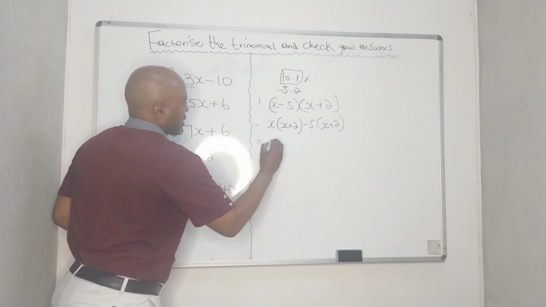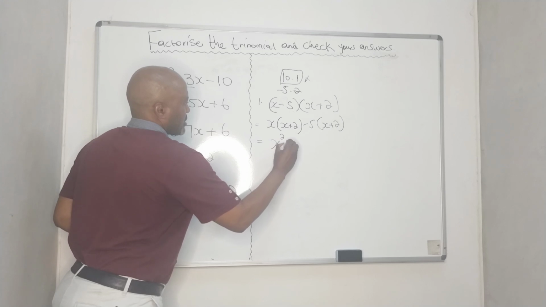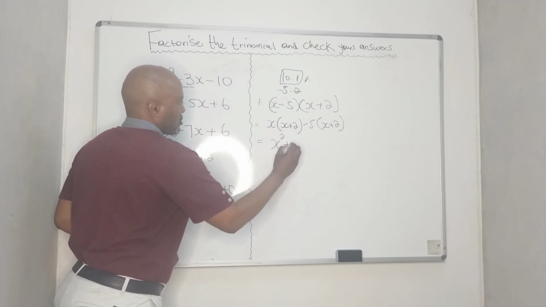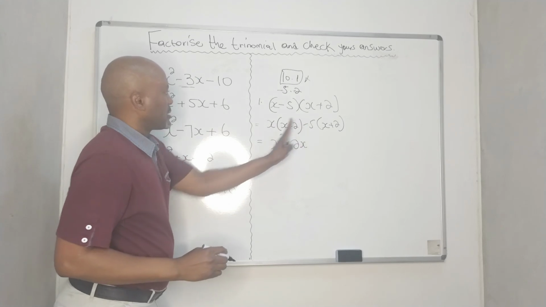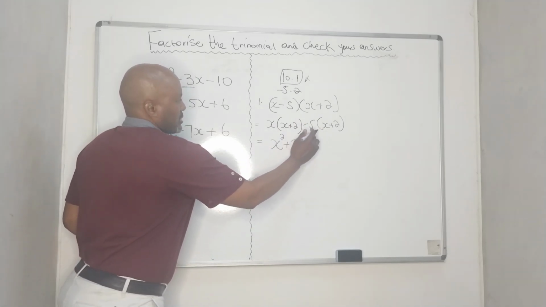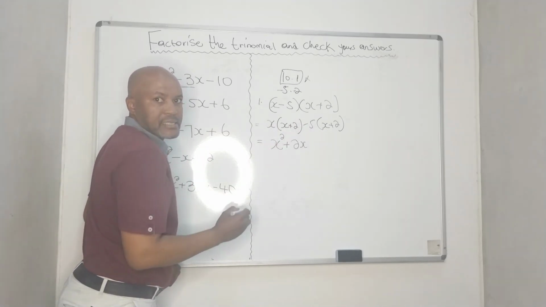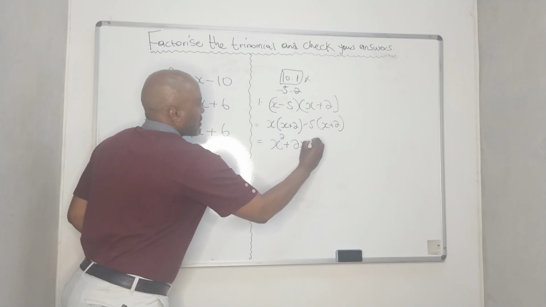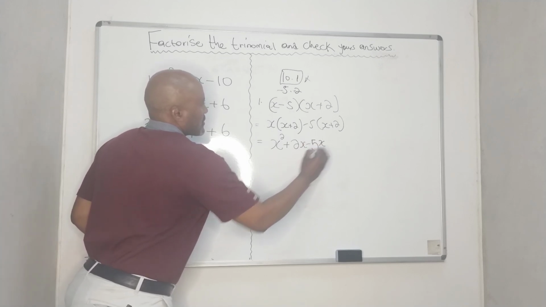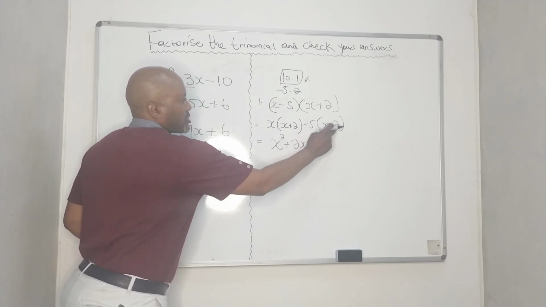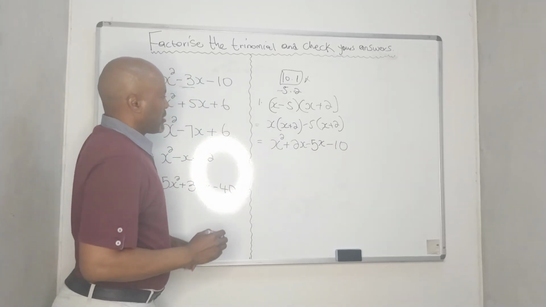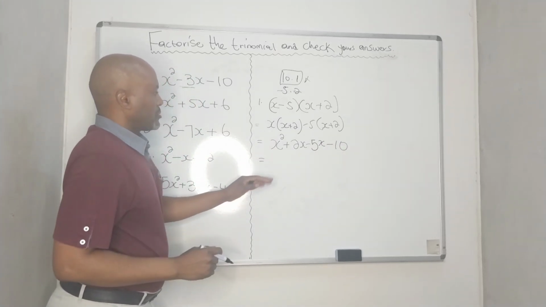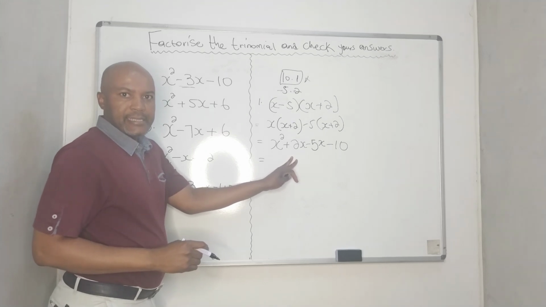x by x, you get x squared; x by 2, you get 2x. Then we're done with this. Now we multiply here. Negative 5 by x, you get negative 5x. Negative 5 by 2, you get negative 10. Now, you need to add like terms.